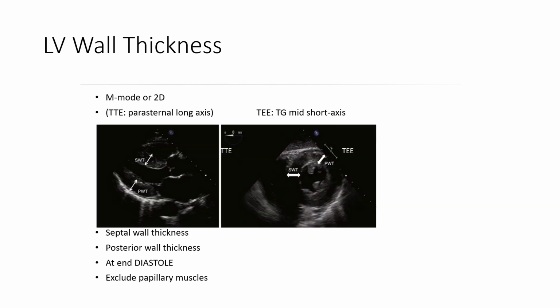LV wall thickness is measured by M mode or in 2D in the parasternal long axis view for TTE or in transgastric mid-short axis view for TEE. The ASE recommends measuring 2 walls, the septal and the posterior walls at end diastole, and to ensure that you're not including any papillary muscles in the assessment.